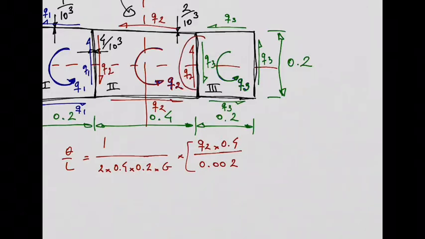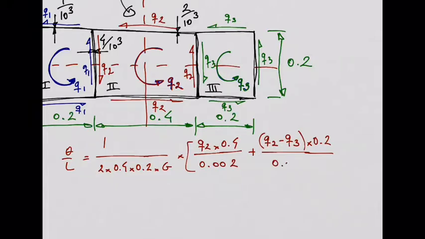Now we move to this wall here. Again, this wall has 2 shear flows there. We have Q2 and we have Q3. So we need to do the balance of these 2. Basically, it's Q2 minus Q3. We need to multiply by the length, which is 0.2, divided by the thickness, which is 0.004.